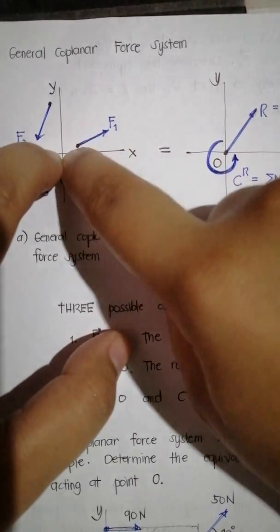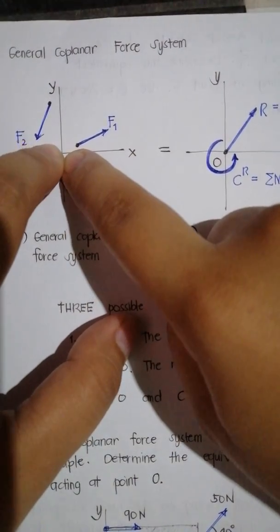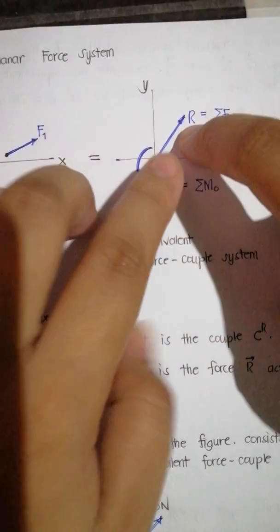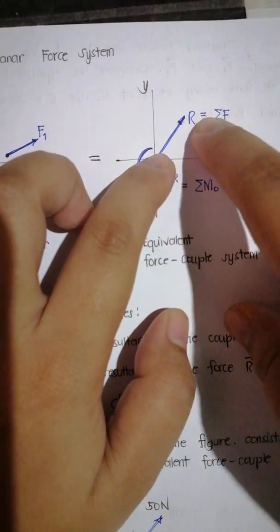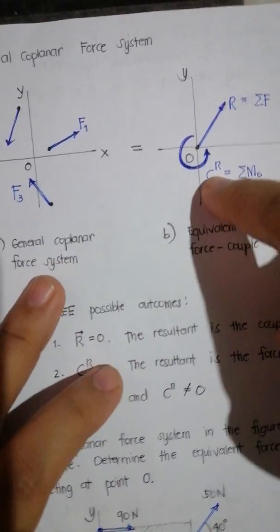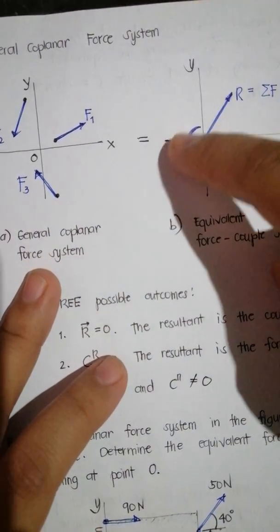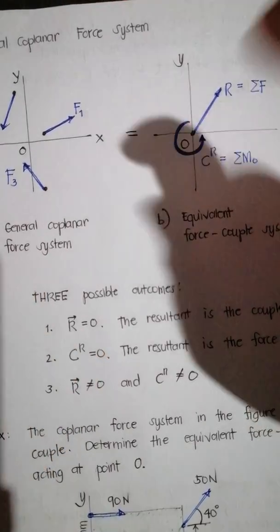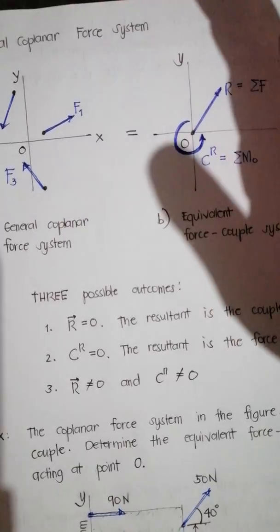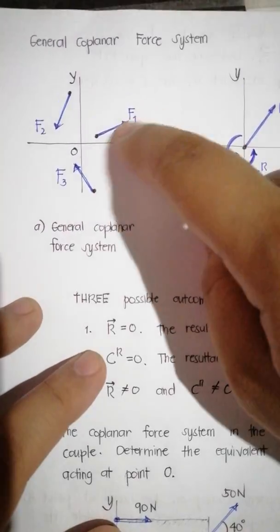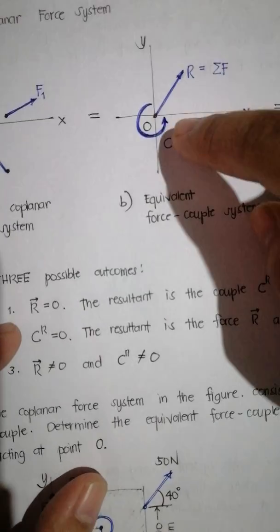So, pag nandiyan na sa origin, pwede na natin gawing singular force system lahat ng forces. So, that is in the form of the resultant force R, which is equal to, of course, the summation of all the force vectors. And the resultant couple is simply the summation of all the moments about the point O, because all of the moments about the point O are all of the couple of transfers formed when we transfer all of these forces to point O.